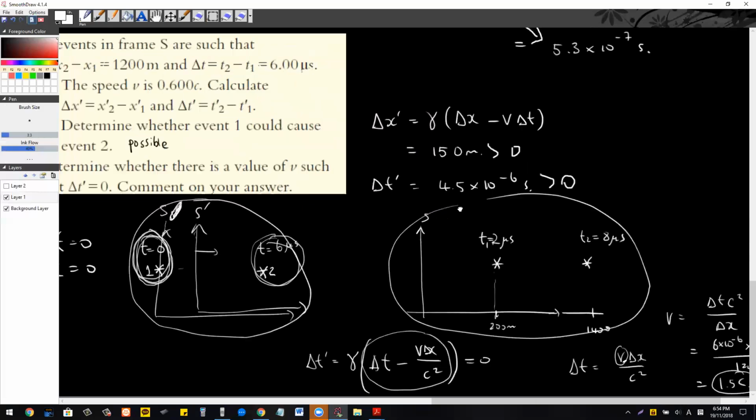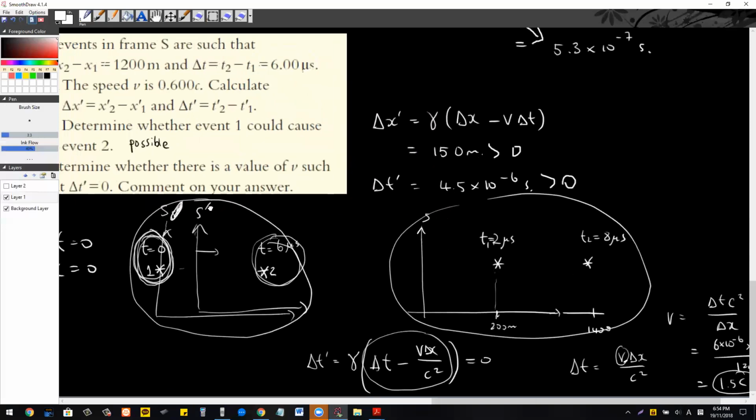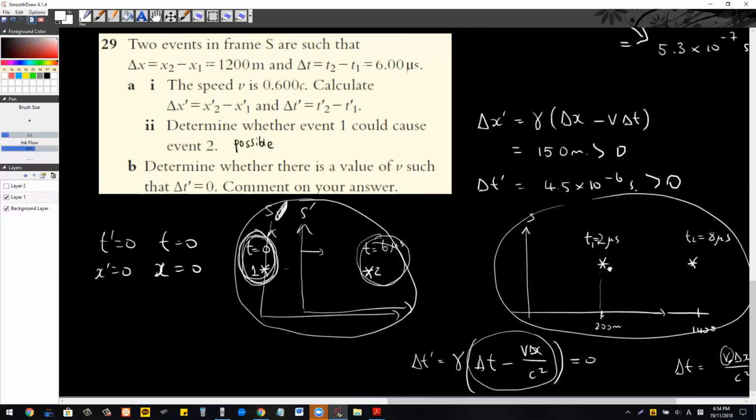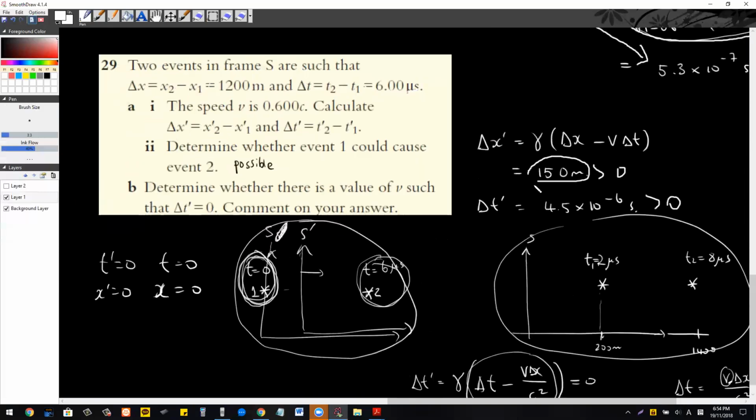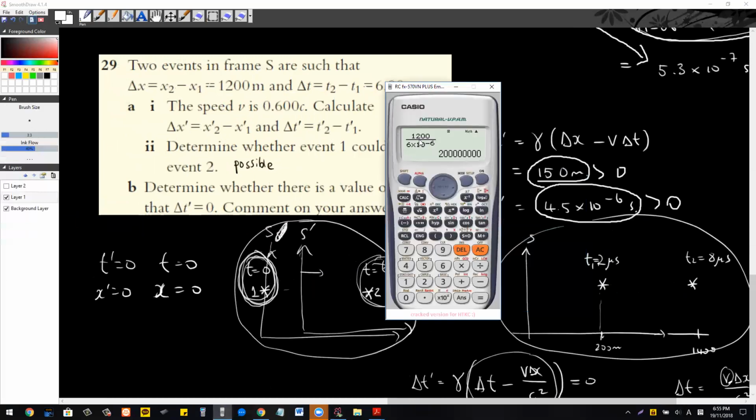What about here, according to the S dash frame? We worked out this to be the distance between event 1 and event 2, and this is the time interval between event 1 and event 2. So if we divide, instead of 1,200 divided by this one, I think we can also do it this way, 50 divided by 4.5 times 10 to the power of negative 6.